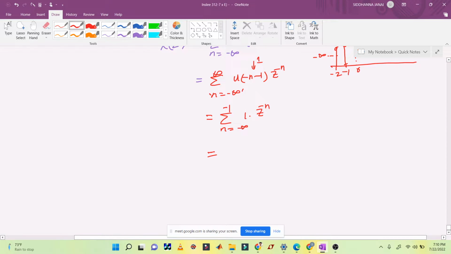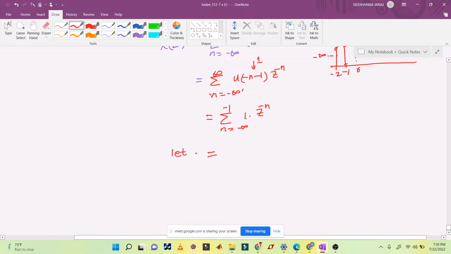Okay. Now for this one we have already calculated a standard equation. Whenever we encounter n is equal to minus infinity to minus 1, first we'll change the limits.